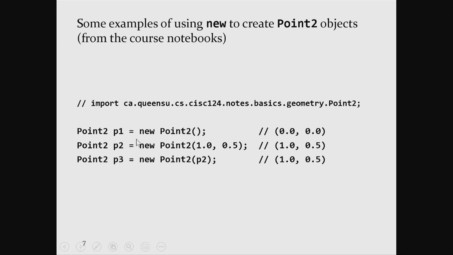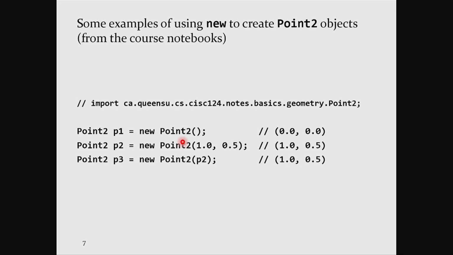So how do you allocate a new point? You use the new operator. New is always followed by what's called a constructor call. If you want to make a Point2 object, it's always new Point2 with something inside round brackets, and that constructor call looks like a method call.